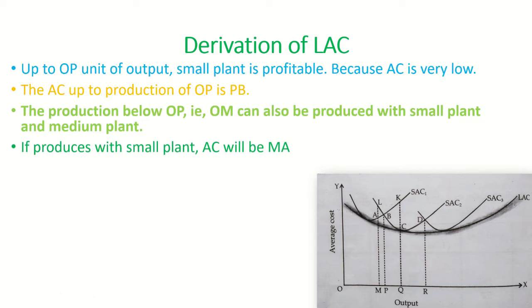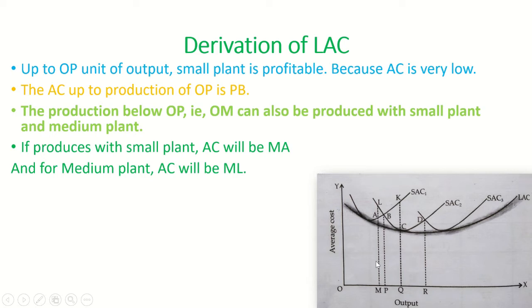But if we produce OM with a small plant, the average cost will be MA. Okay, once again I'm repeating, if we produce OM units of output with a small plant, the average cost will be MA. Again, if we use the medium plant to produce this output, the AC will be ML.